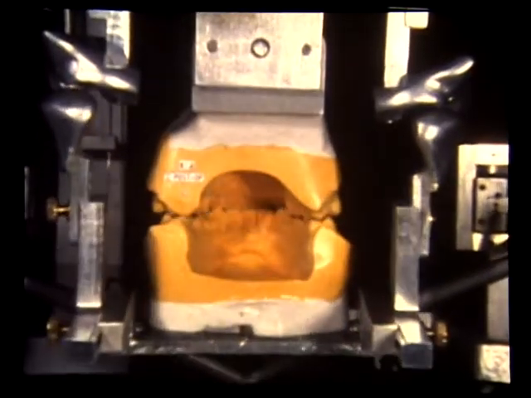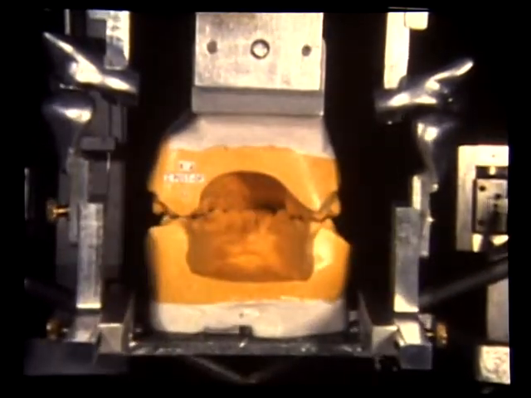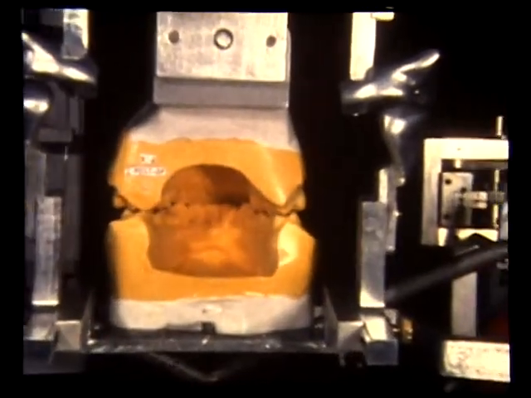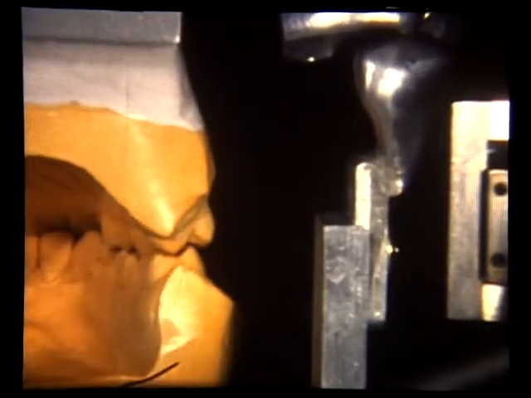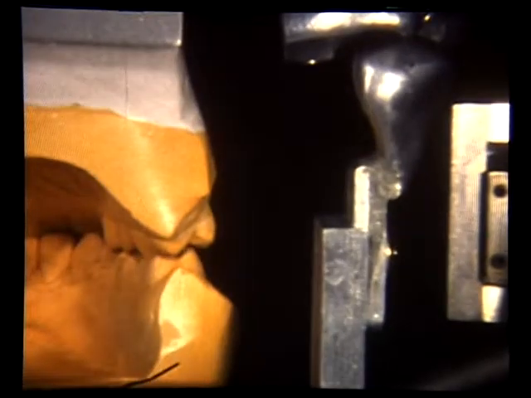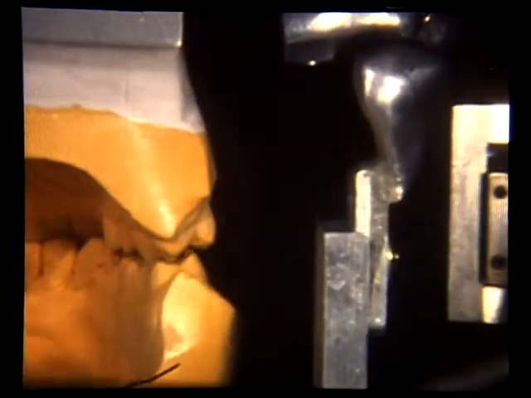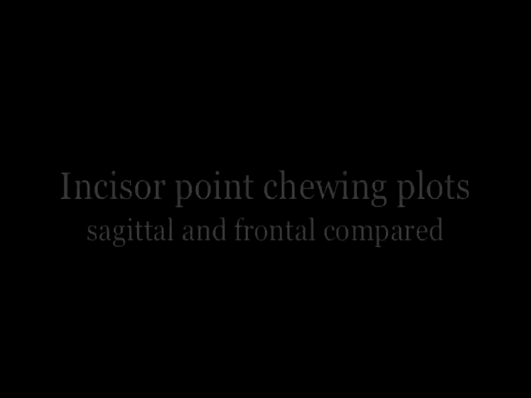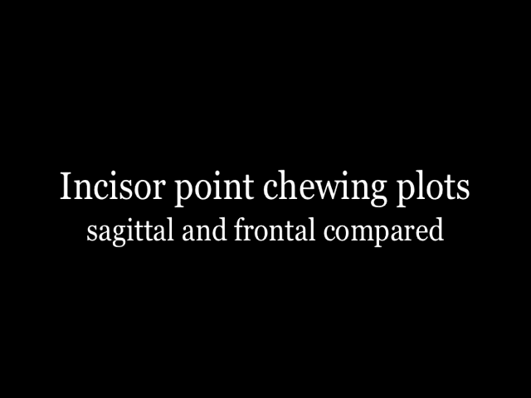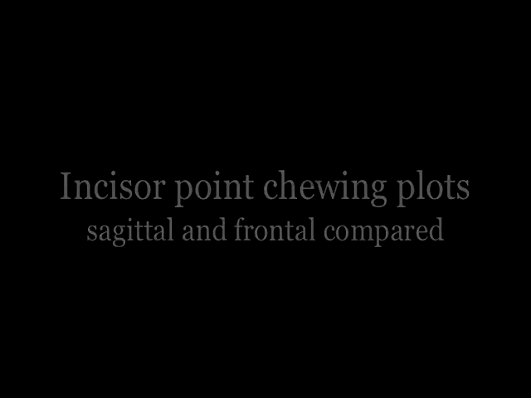The subject with unworn teeth is again shown to emphasize the stability of the intercuspal position. In the frontal plane view, it is clear that the canines control the lateral centering of jaw closures, but the incisors do not share a similar role as seen in the sagittal view.